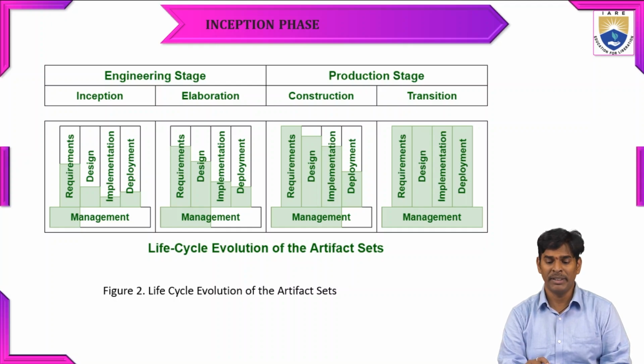In the production stage, they need to have the full requirements for the implementation part, and for the design part more than 90%, the implementation 80%, whereas deployment only 40%.